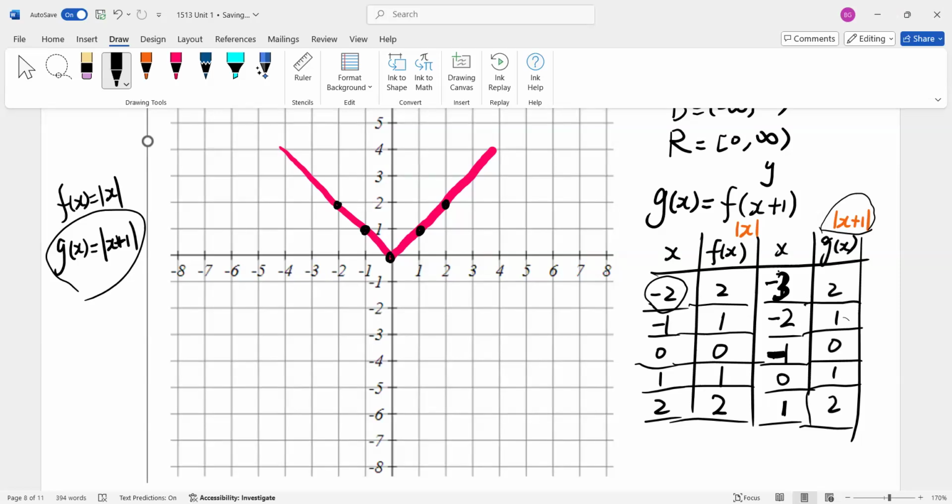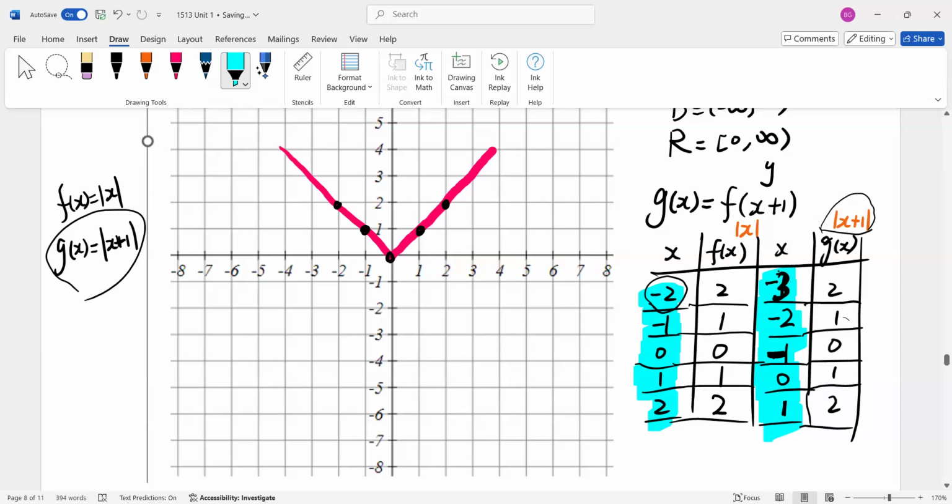So I want you to see this pattern. For the mother function and the daughter function to reach the same y, the x in the daughter function has to have the value 1 less than the original x value. So now these two columns, the column 3 and the column 4, give us another 5 points.